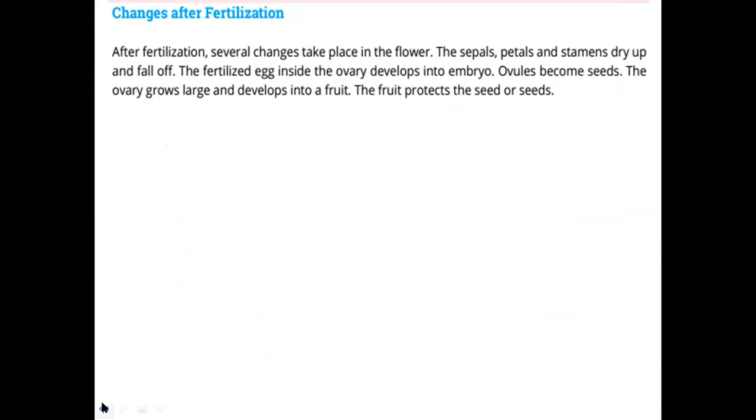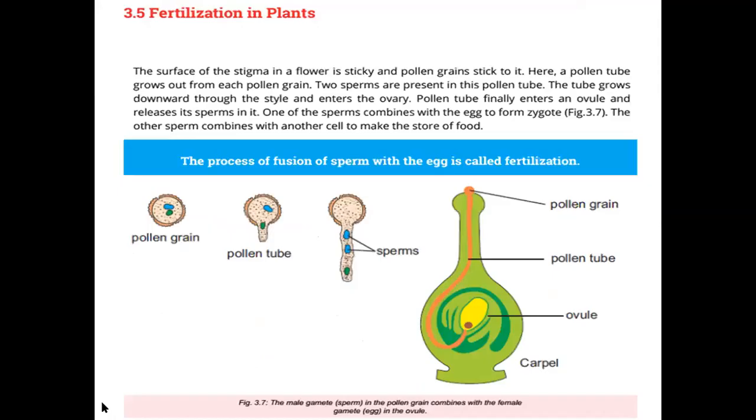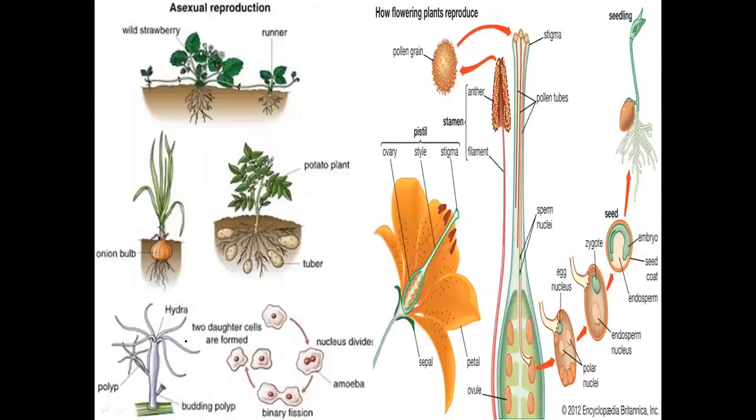Okay, if you want to see this procedure in detail, we will see this diagram once again in this picture. You see the pollen grain is coming. Now the pollen tube is formed here. You see this one, and you see two nuclei come inside.